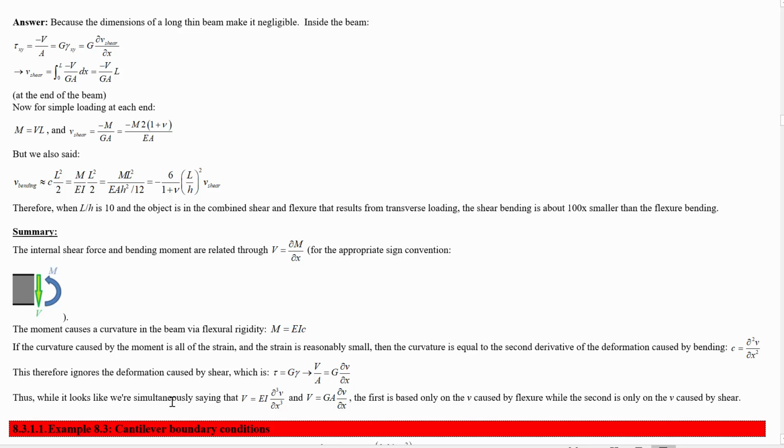And although it looks like we're simultaneously saying that V is proportional to the third derivative of displacement, and shear is equal to the first derivative, this first one is based on only the displacement caused by flexure, but the second one is based on only the displacement caused by shear. The true displacement you'd really have to get by considering both of these effects together.